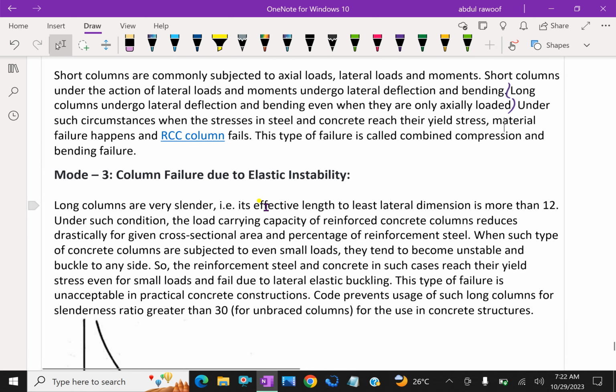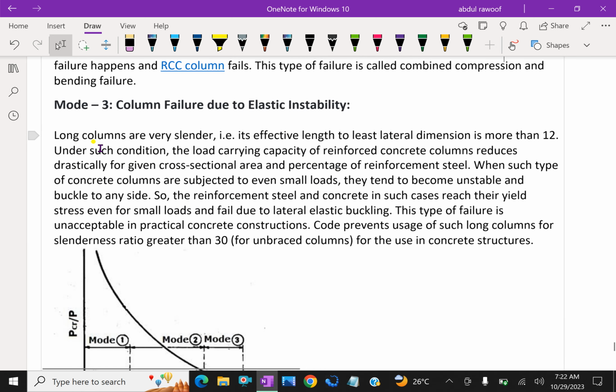Column failure due to elastic instability. Long columns are very slender. Their effective length to least lateral dimension is more than 12. Under such conditions, the load carrying capacity of a reinforced concrete column reduces drastically for a given cross-sectional area and percentage of reinforcement steel.